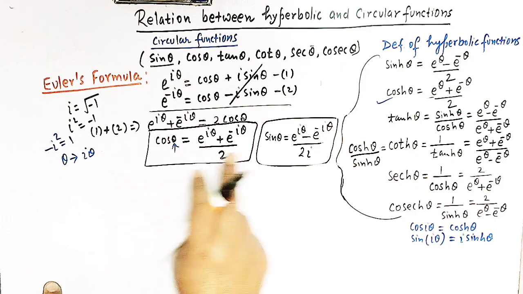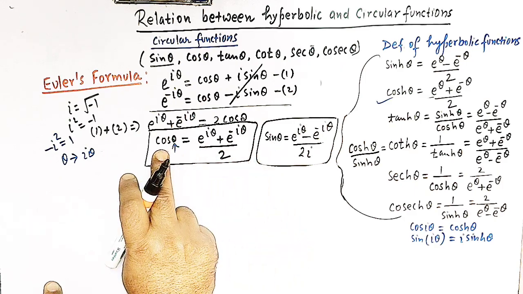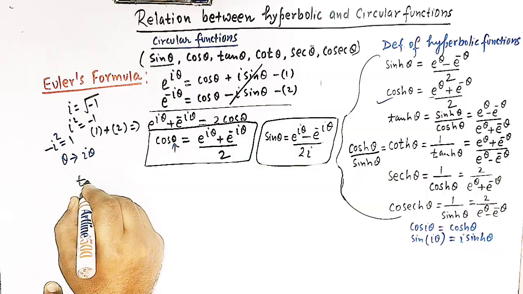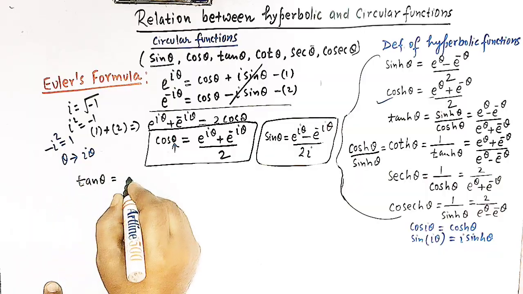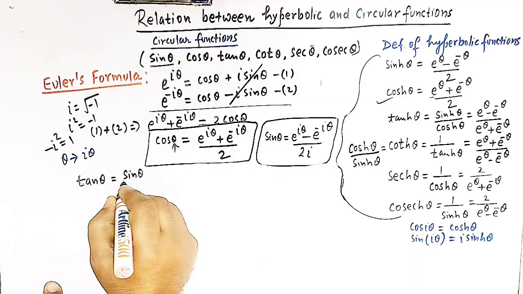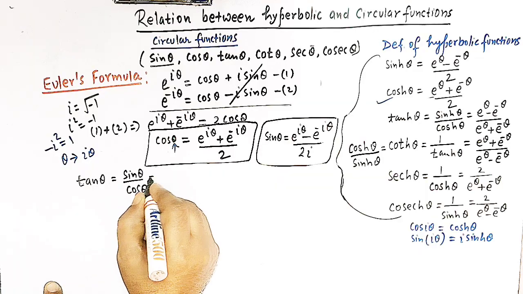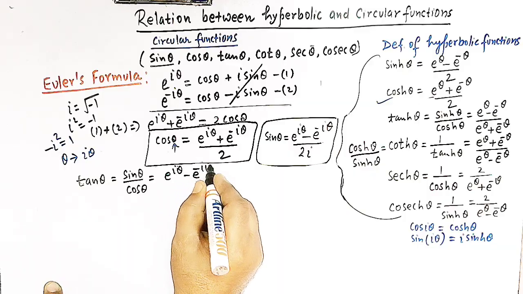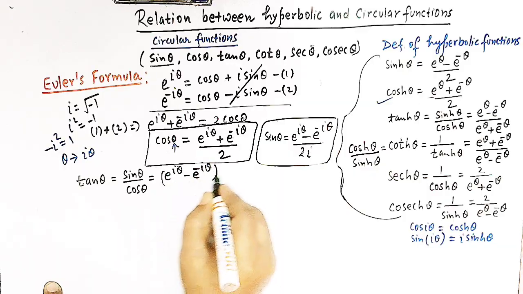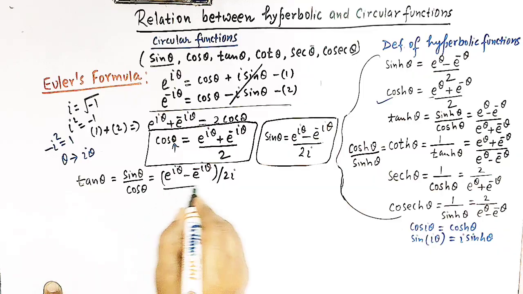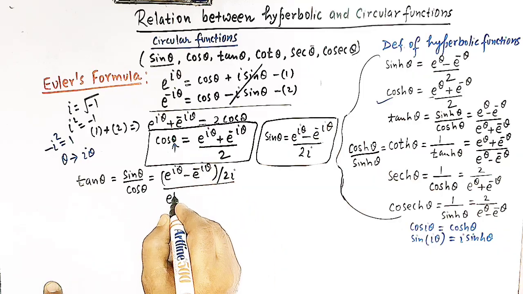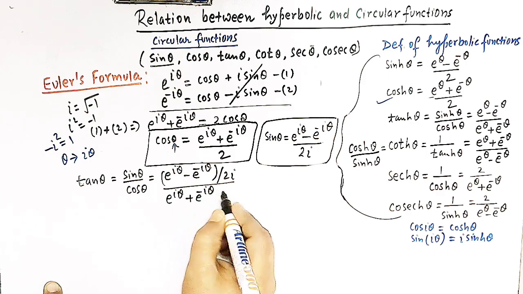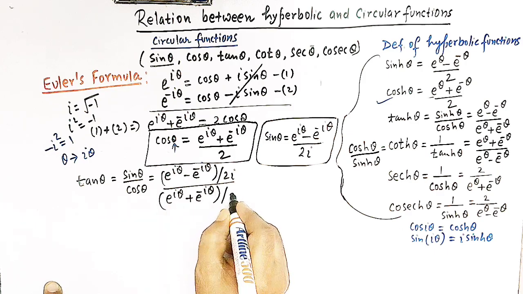So now let us divide sine theta by cosine theta to get the expression for tangent of theta. So tangent of theta is equal to sine theta over cosine theta. Sine theta is e raised to i theta minus e raised to minus i theta divided by 2i, and cosine theta is e raised to i theta plus e raised to minus i theta divided by 2.